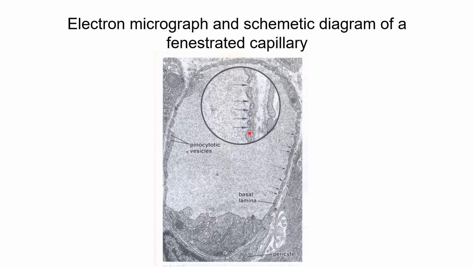And these fenestrations sometimes have doors, or flaps, or sometimes are without them. So the gaps could be covered by small flaps, or they could be directly open. Some people divide these fenestrated capillaries into two types, but it's actually one type.